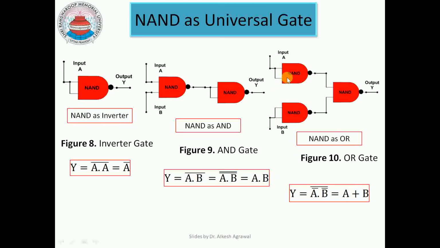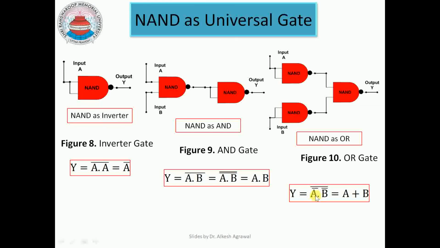Now here, in the first NAND gate, the inputs are shorted, which gives output A inversion. Then here the two inputs are shorted, with input B we are getting output B inversion. And here the third NAND gate realizes (A inversion and B inversion) whole inversion.